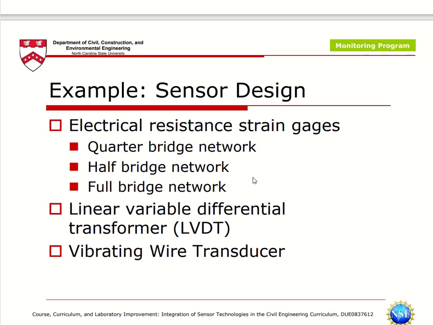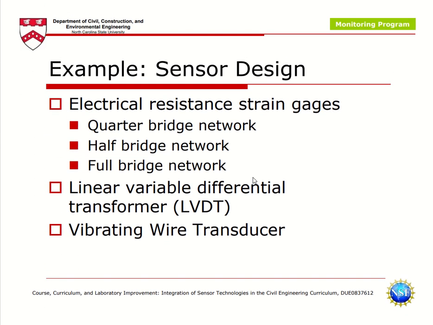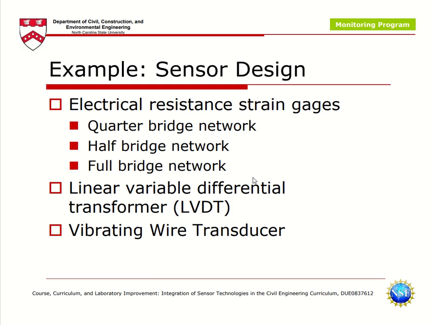Then let's take an example of sensor designing. If I'm designing an electrical resistance strain gauge, then a quarter bridge network, a half bridge network, or a full bridge network would be required, based on whatever type of strain gauge I'm making.